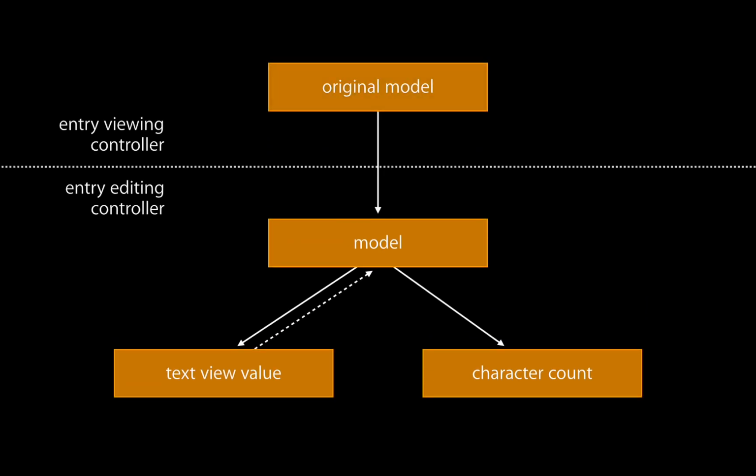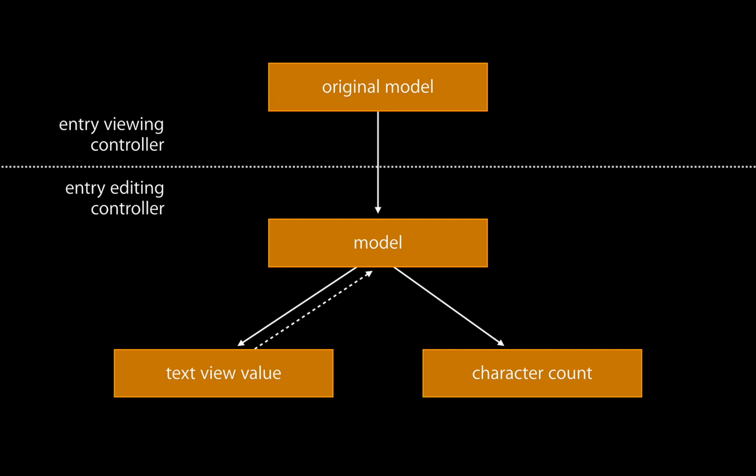And we can use this same structure of thinking to think about the entry viewing controller, which presented that editing controller, and the entry editing controller. There's some original model, and that's what my fiance is seeing if she looks at the app. And that's the one that's going to still be there if we hit cancel. And then there's the model that we're editing, which began from a copy of the original model.